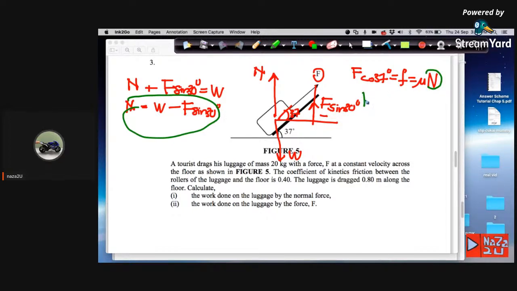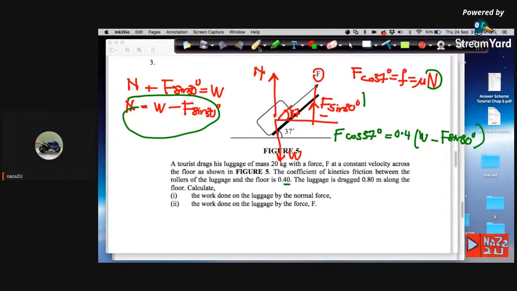Jadi kita akan dapat, okay, saya tulis kat sini panjang sikit ya, F cos 37 is equal to mu, dia bagi 0.4, this is 0.4, N kita value W minus F sin 37, right?